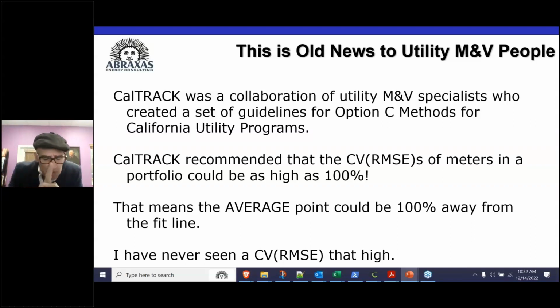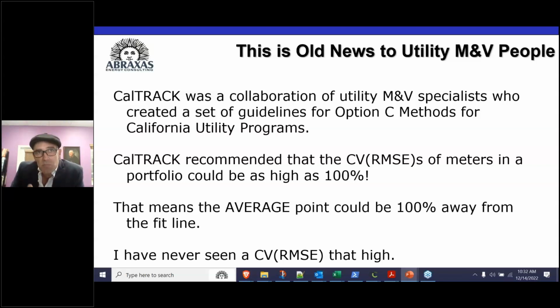I'll try to say it one more time and then I'll be done. So the drawback of this is you will have perhaps bad models on some meters, which means your prediction of savings, or your estimation of savings, will be less accurate.